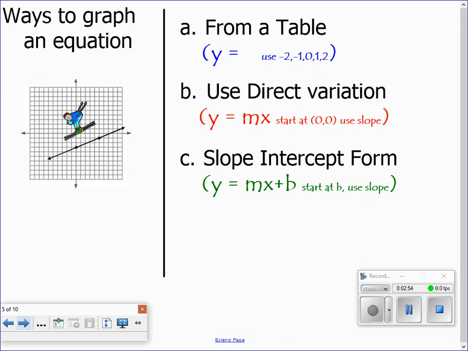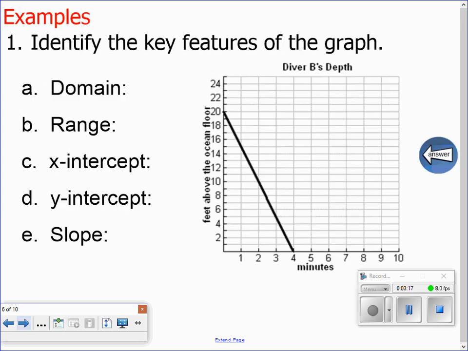So we pick some x values like -2, -1, 0, 1, and 2. Because we know it will have those values. And then we'll get out the y's, and then that will tell us our points. We can use a direct variation equation if it's proportional, where we'd start at the 0 and then follow the slope. And then for the slope-intercept form equation, we start at b, and we use the slope to get from one point to the next.